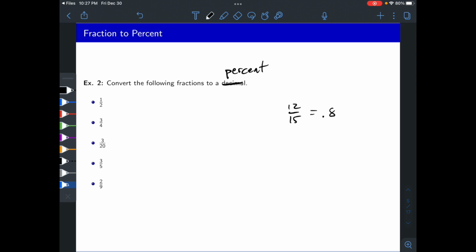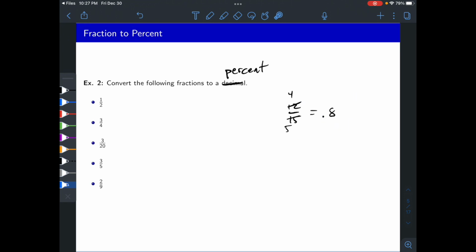Because 12 over 15 is the same as 4 over 5. If I factor out a factor of 3 from the top and the bottom, it's 4 times 3 over 5 times 3, so we're canceling out a factor of 3.